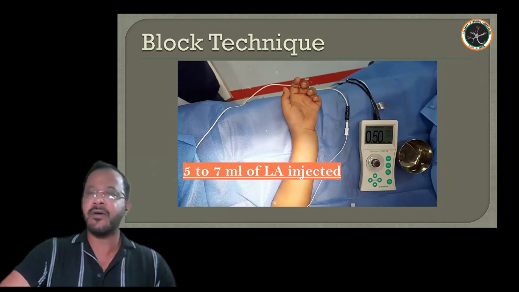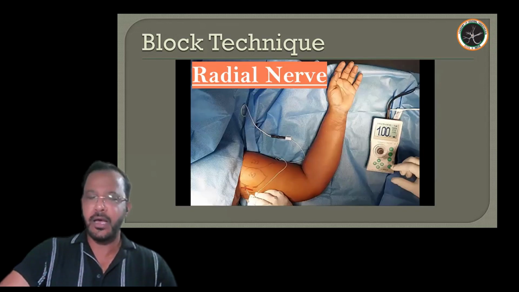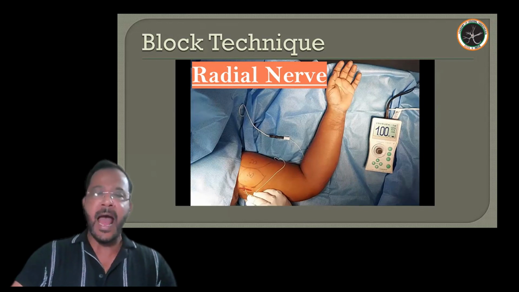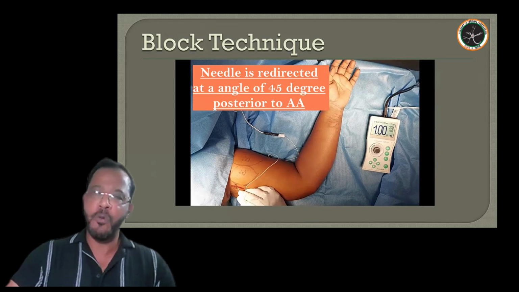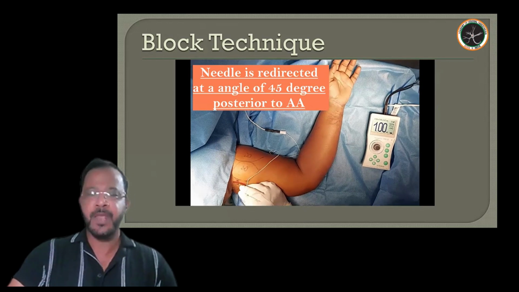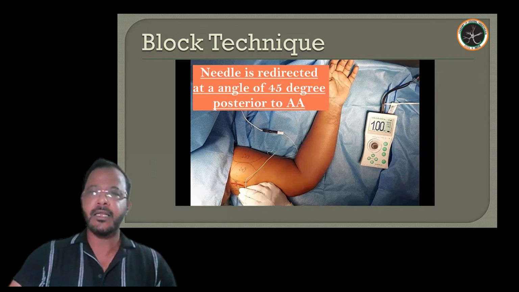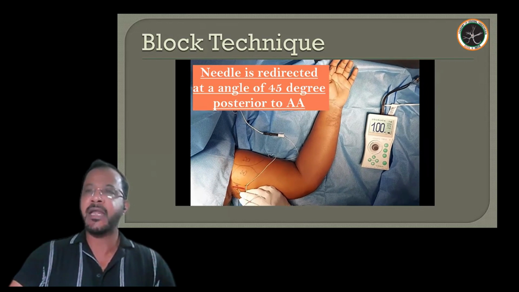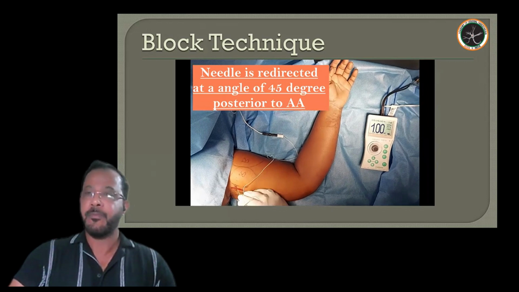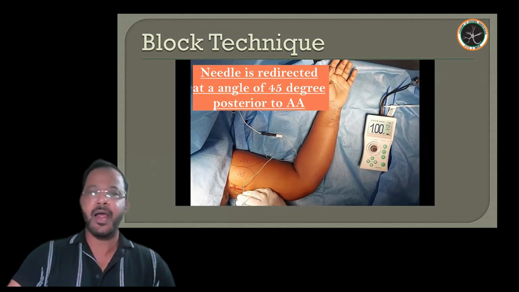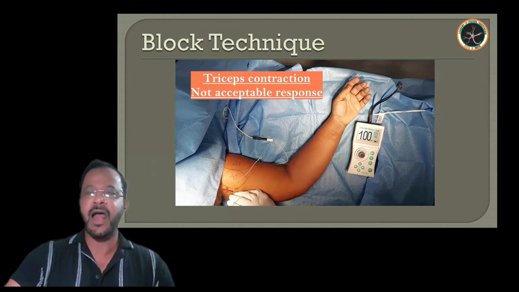For the radial nerve, the same needle insertion site which was used for the ulnar nerve, the needle is angulated at around 45 degree and you have to go posterior to the artery. As you start putting the needle inside, you might see the triceps contraction. Never ever accept this response, the triceps contraction.